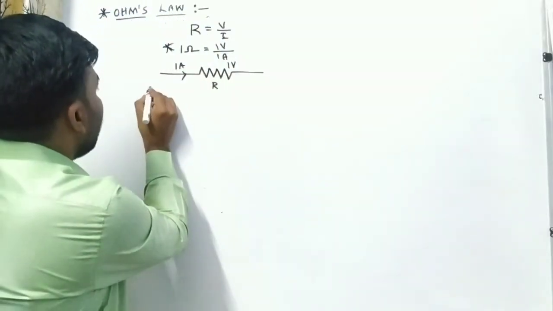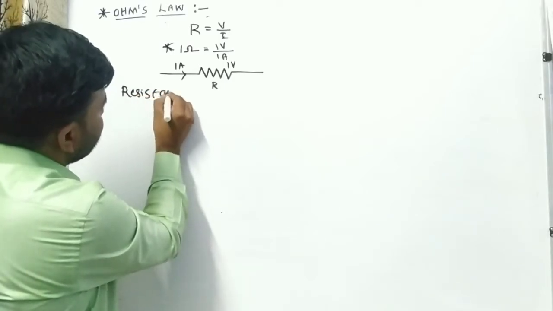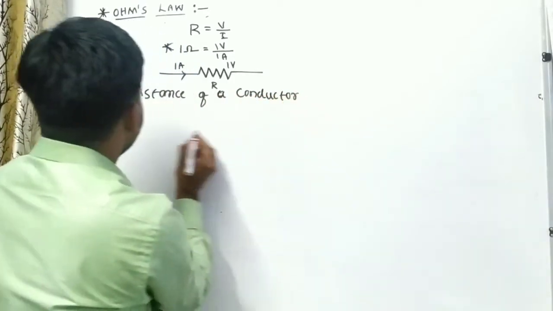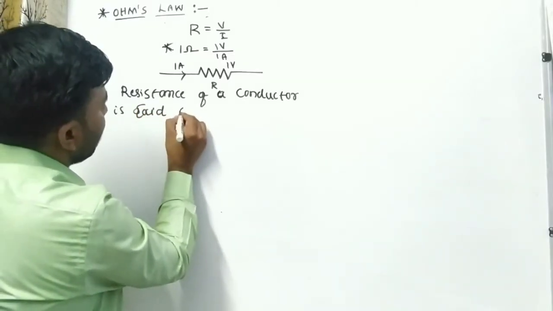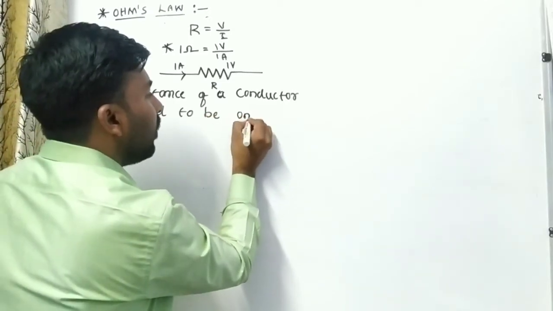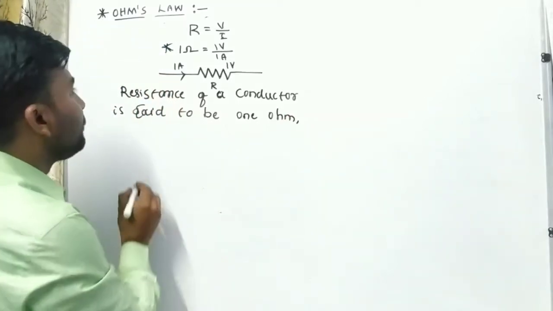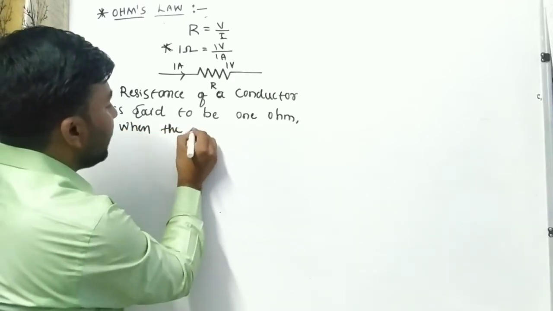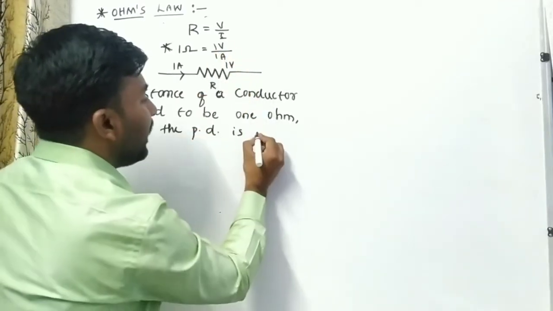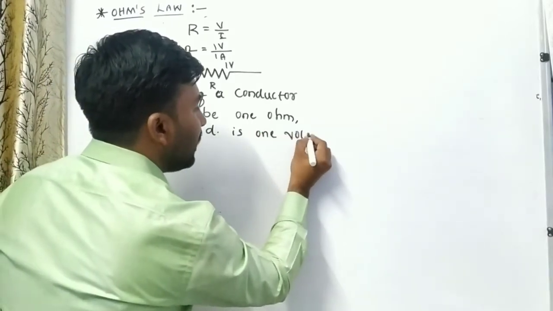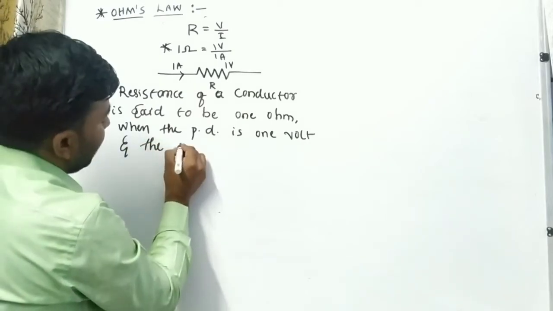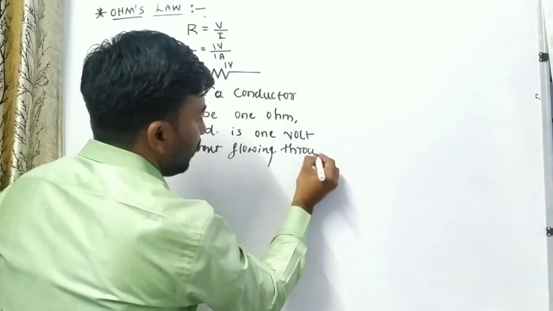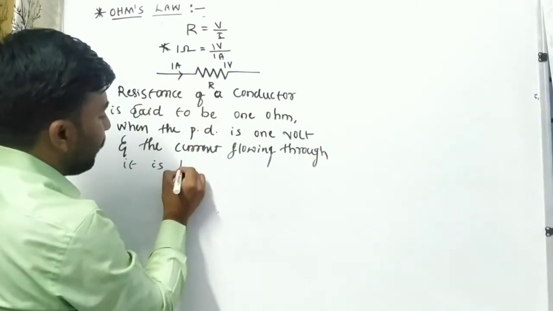So, the resistance of a conductor is said to be 1 ohm when the potential difference is 1 volt and the current flowing through it is 1 ampere.